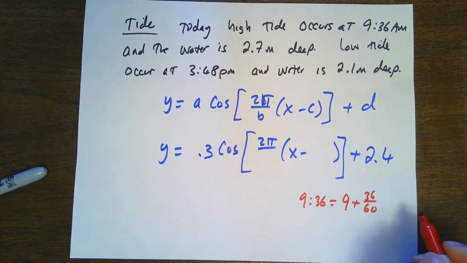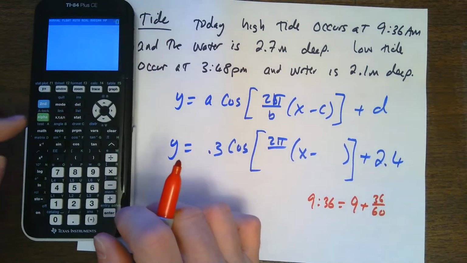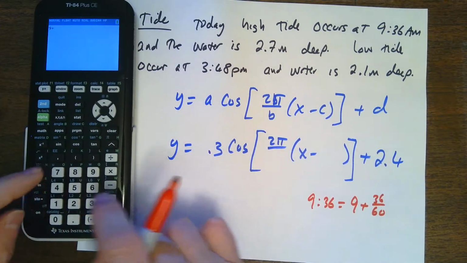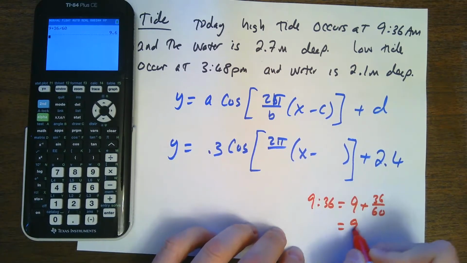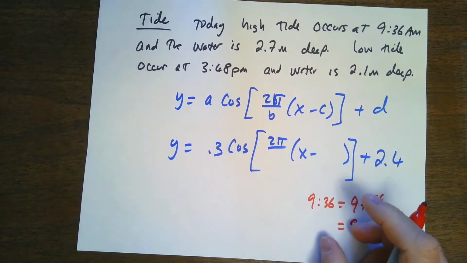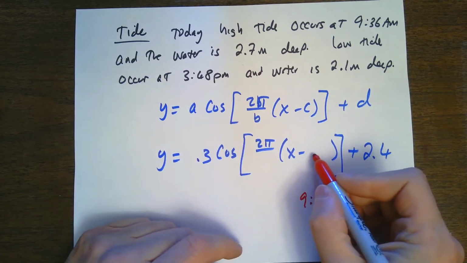Let's just do this on the calculator. 9 plus 36 sixtieths is 9.6. All right, so 9.6 is going to be my cosine phase shift. So 9.6 is going to go in here.